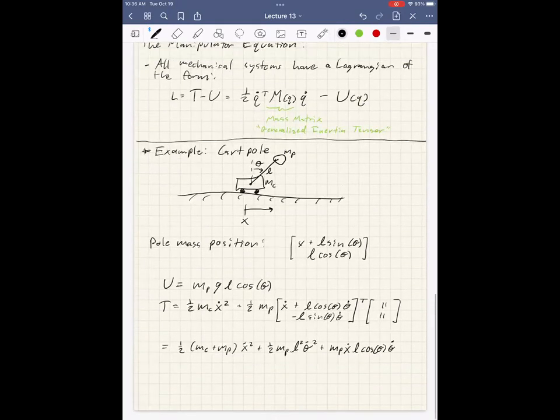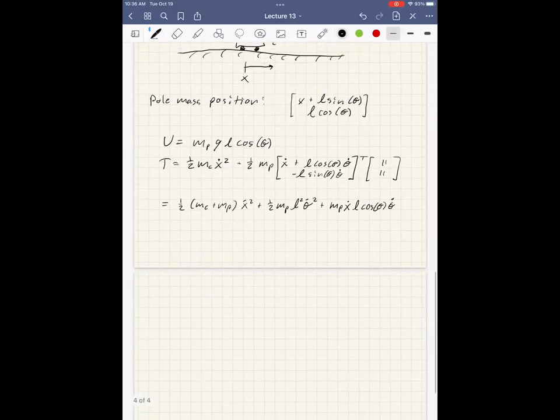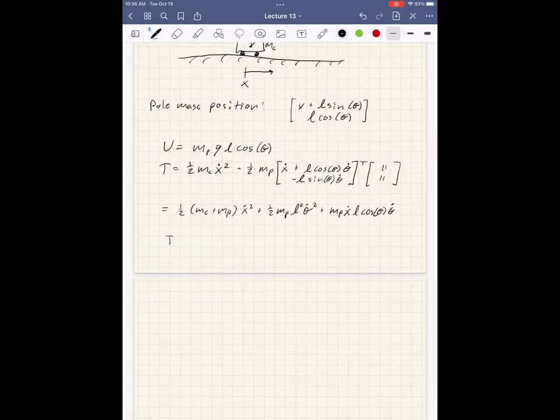So the idea with this quadratic form kinetic energy is I'm going to take this expression here and massage it into a form that looks like that. So I've got 1/2, I've got the velocities, x dot theta dot transpose, times some matrix, times x dot theta dot. If I look at this, I can just take all the coefficients off these terms. You'll notice that the velocities always show up squared in some way, right?